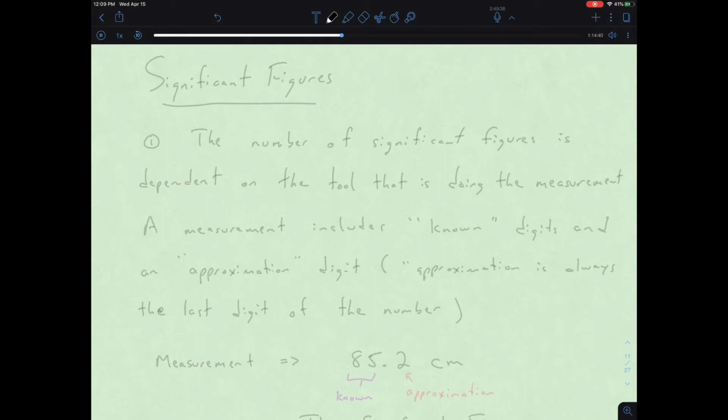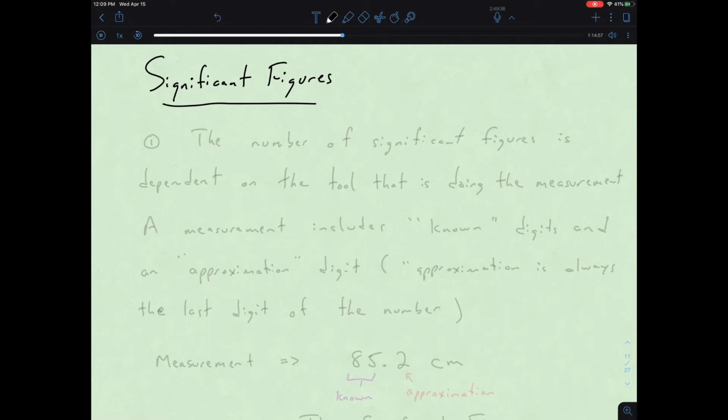So let's talk at greater length or intricacy into significant figures and really start to get more into the nitty gritty.